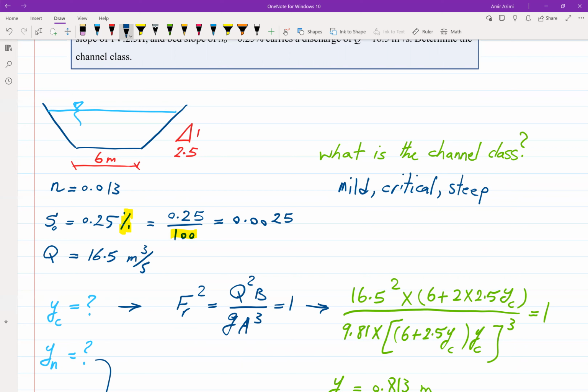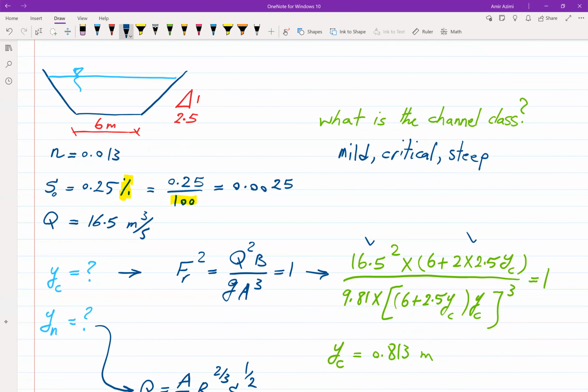The discharge is known, 16.5. Top width is B0 plus 2my, which is 2.5 times yc. So the only unknown is yc here. In the denominator, we have 9.81 times area, (b plus my) times y, to the power of 3.